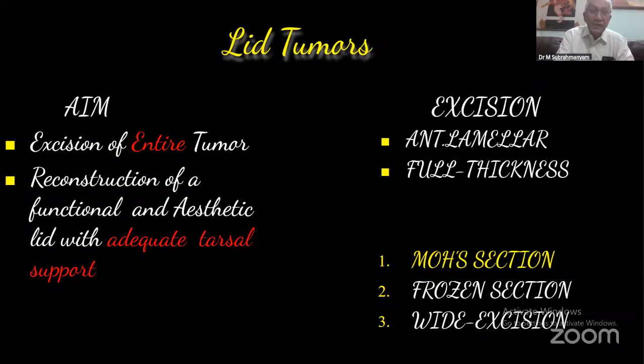The other option is, after you excise the tumor, put a bandage so that the cornea is clear, keep it, and once you get the report, then you do the reconstruction. So the reconstruction could be done in 2 stages when you are doing wide excision, whereas if Mohs section and frozen section are available, you can do it very comfortably, very confidently in a single sitting.